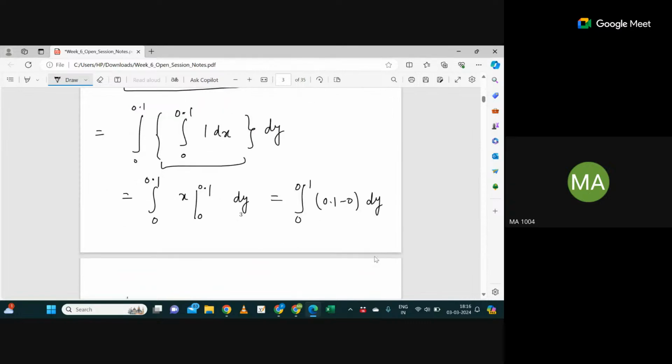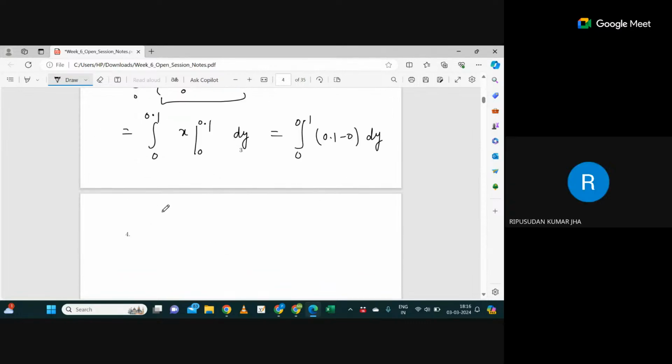Then we get 0 to 0.1 of 0.1 into dy. So 0.1 I can take outside, and I have to integrate 0 to 0.1 of 1 into dy. It will be 0.1 times y, because we have to integrate this with respect to y, so I will get y.